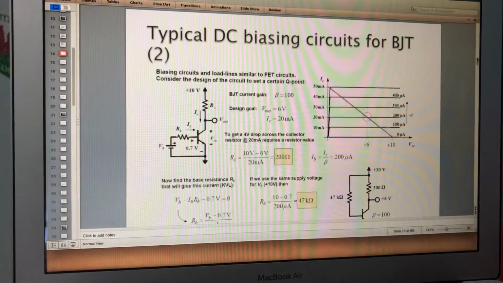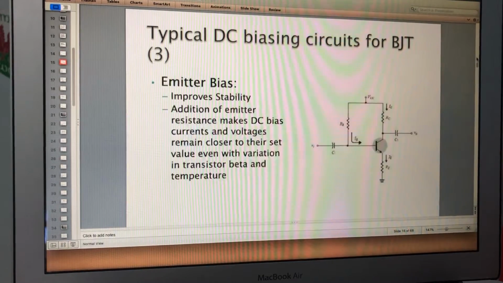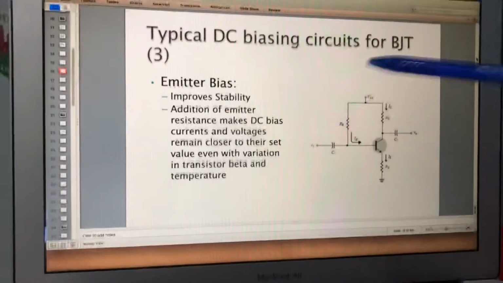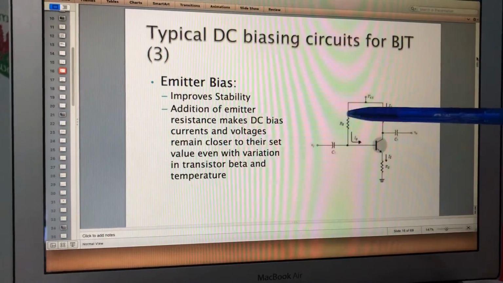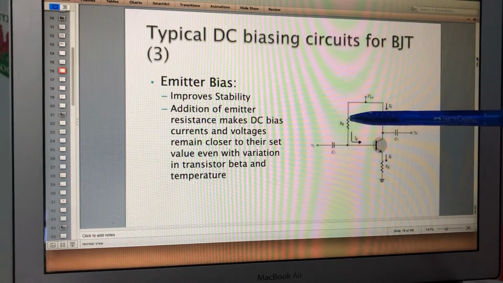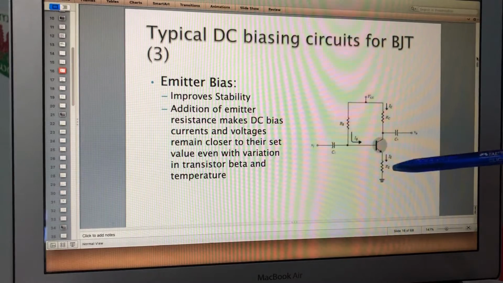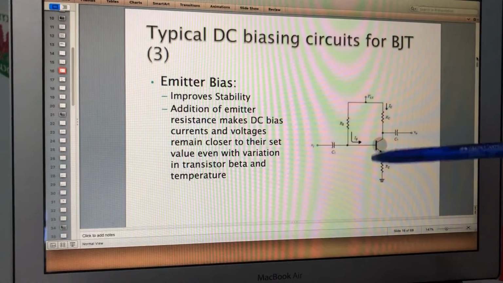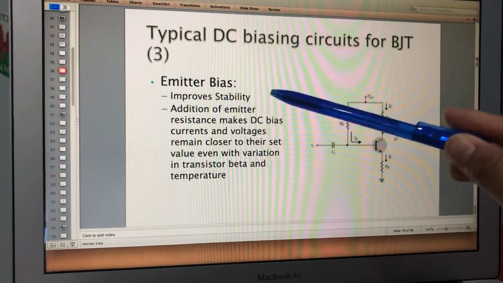The second configuration is the emitter bias. We have this RB here, which is the fixed bias, but we include RE. The reason we put the RE here, the resistance at the emitter junction, is to improve stability.